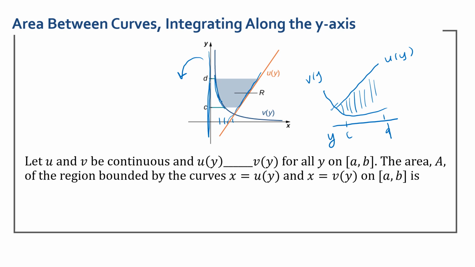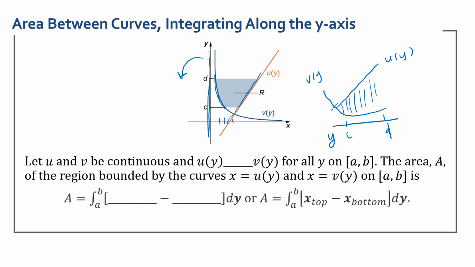So let's talk about how we would set these up. In this case, we're going to integrate with respect to y, not with respect to x. So in looking at this, we've got: let u and v be continuous and u of y be greater than or equal to v of y for all y on the closed interval from a to b.